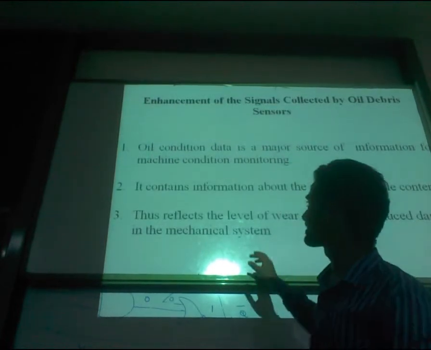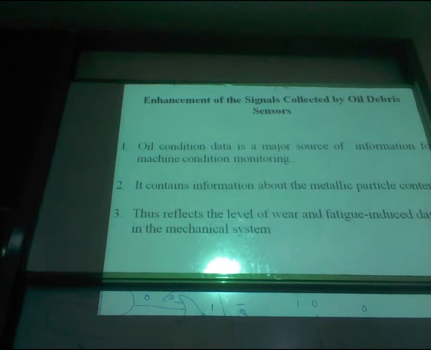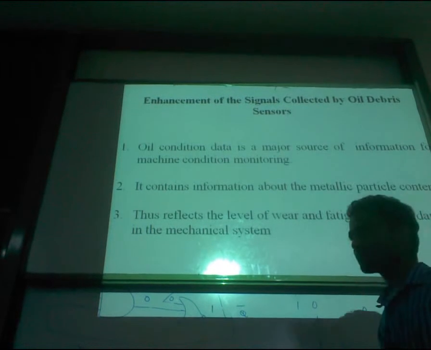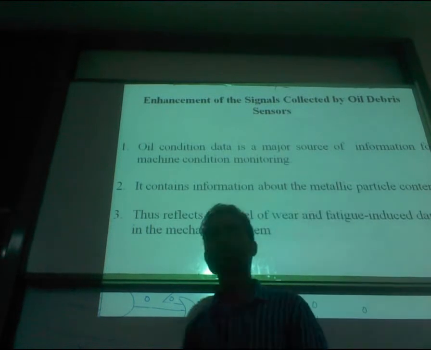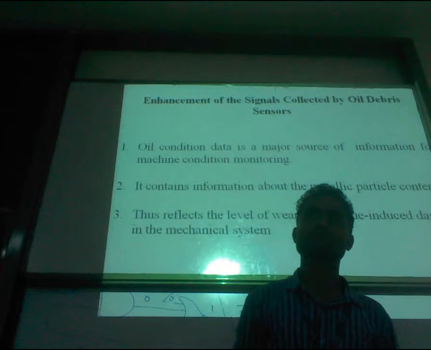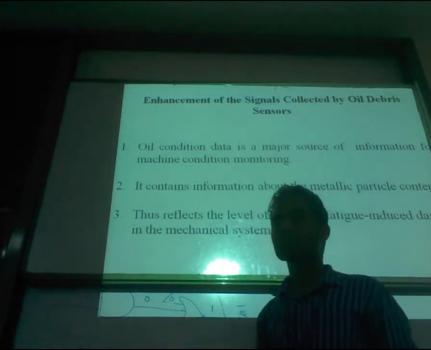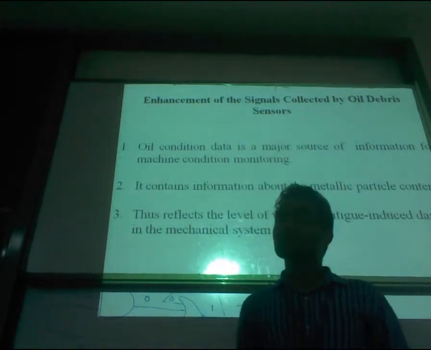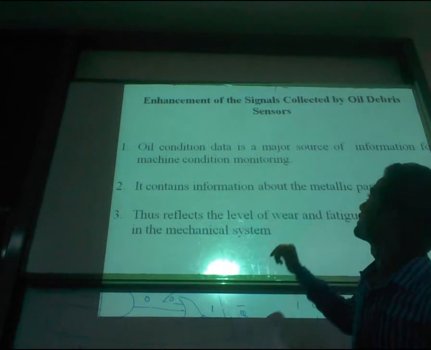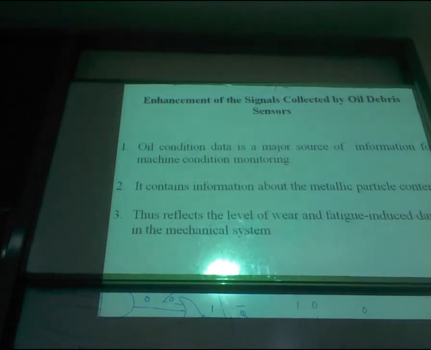Whatever signal we get from the oil debris sensor contains a very large amount of noise and other extra signal which we do not actually require for monitoring. For that purpose, we enhance the signal collected by the oil debris sensor.